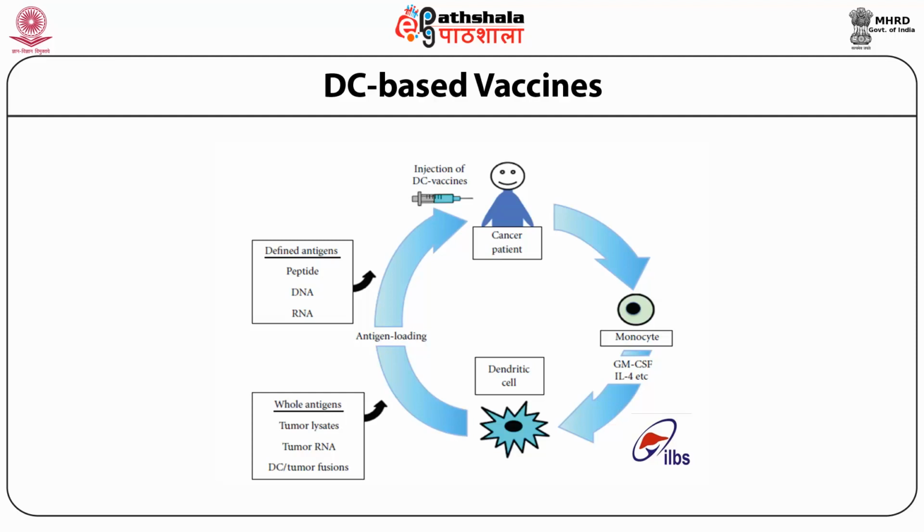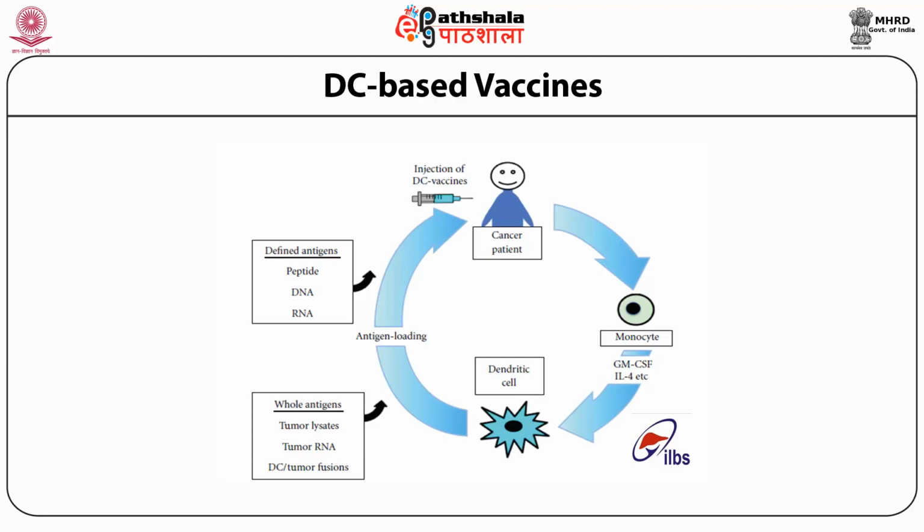Now the question comes here, why can't I isolate the dendritic cells from the whole blood and infuse them into the patient? Because dendritic cell frequency goes low in cancer patients, so it's better to generate dendritic cells in vitro from the monocytes.